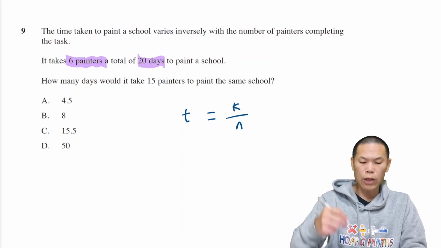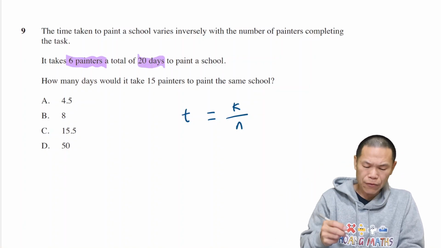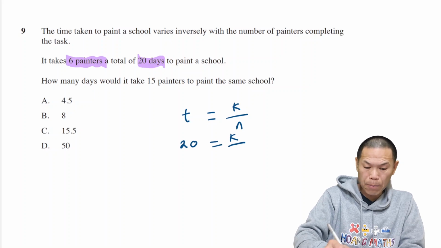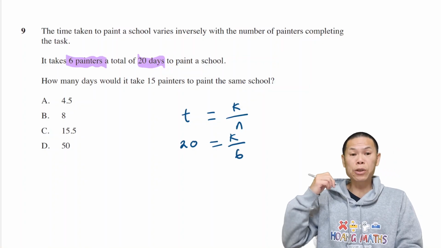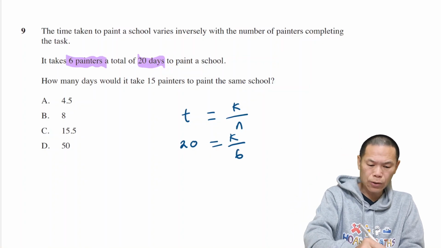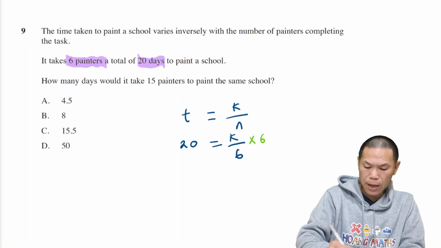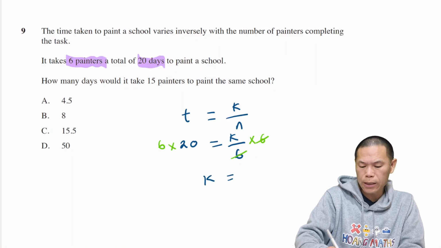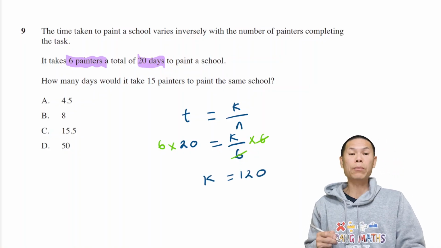So we can use this to find the value of K first. So 20 is equal to K over 6. If I times 6 on both sides, these cancel out. So that is 120. K is 120. So keep that in mind.